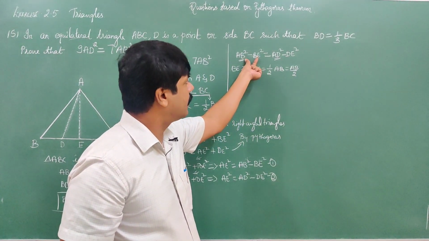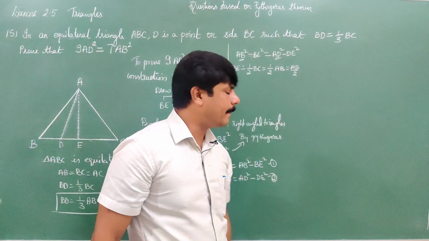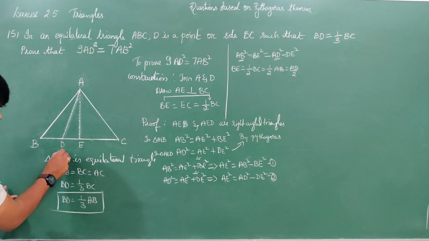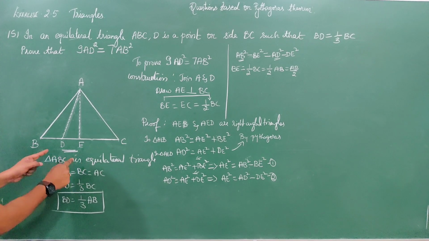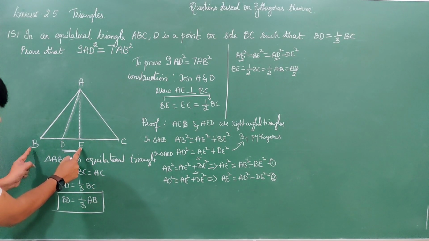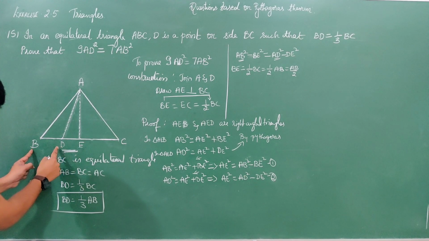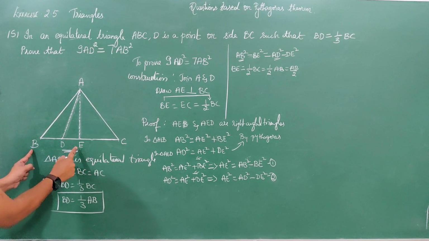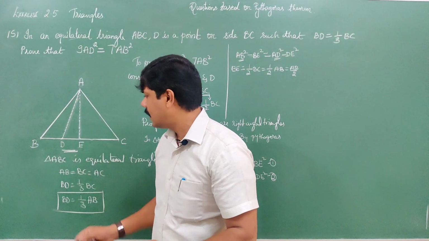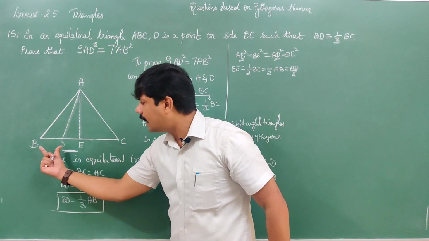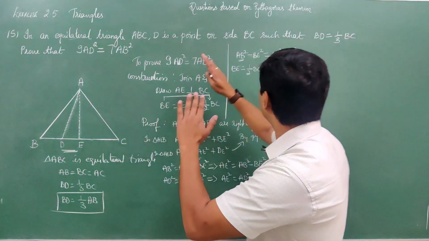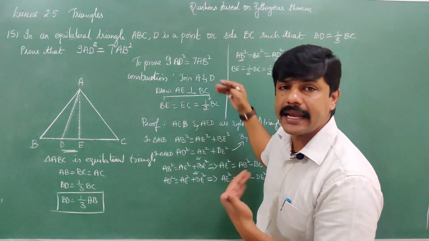Okay, that's one thing. Then what is this DE? DE, this particular portion, is equal to BE minus BD. If I take DE in terms of BE minus BD, there is no condition by which I can change it to AD or AB.